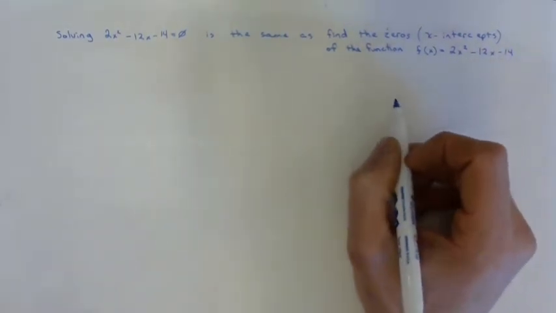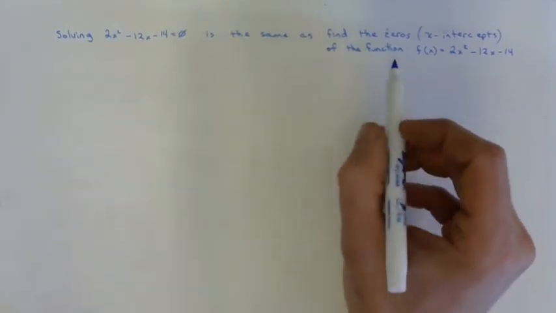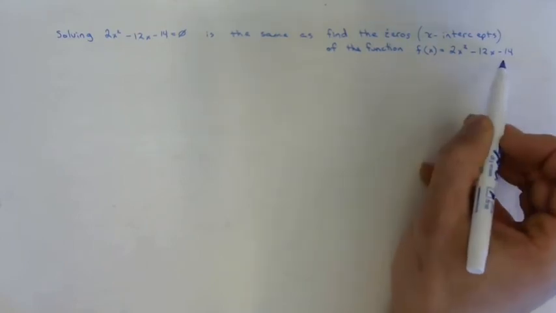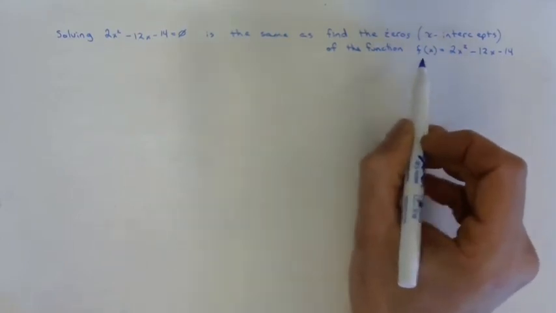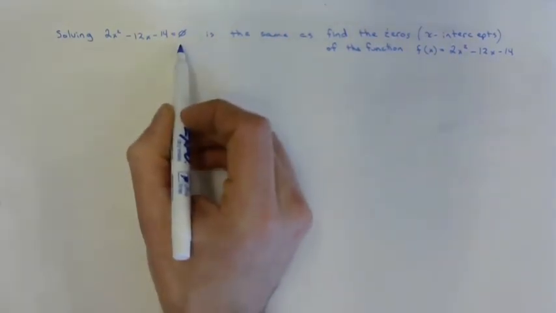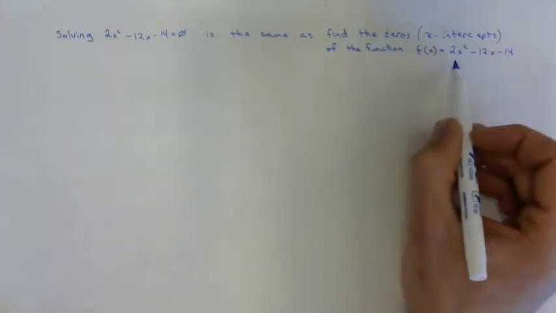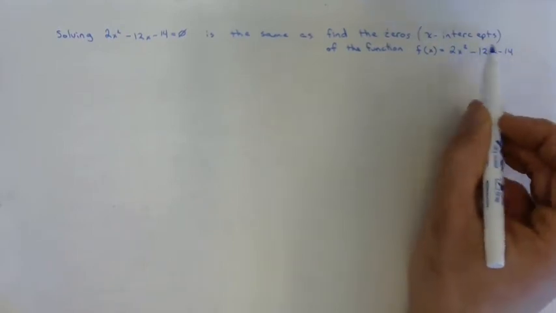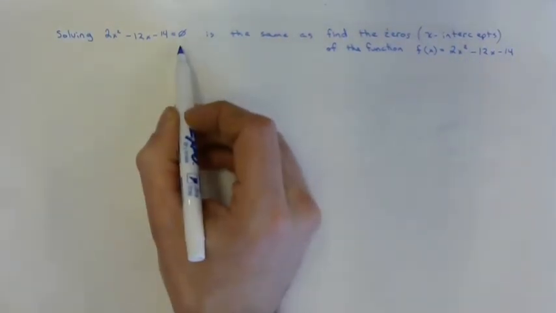So we talk about things in different terms. You can find the zeros or the x-intercepts of a function. How? You set that function equal to 0. So you're finding out what values of x cause this function to equal 0.